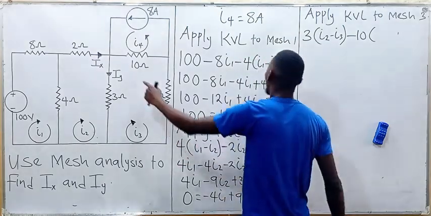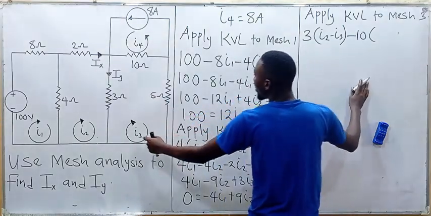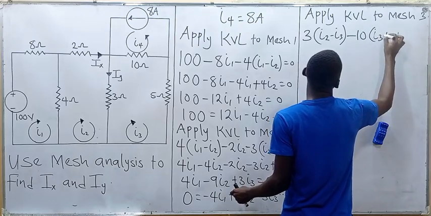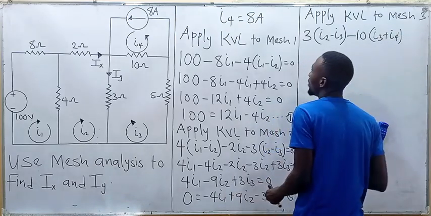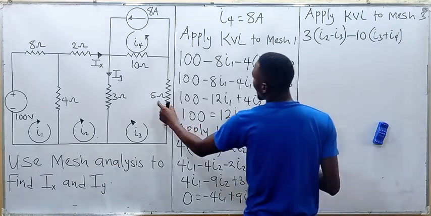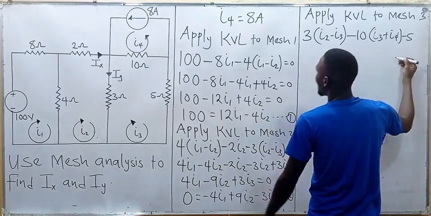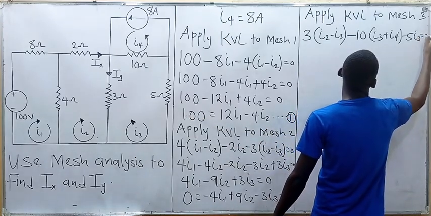All right, so now we are going to have I3 plus I4. Then here we are going to have our -5 I3. This will be equals to 0.